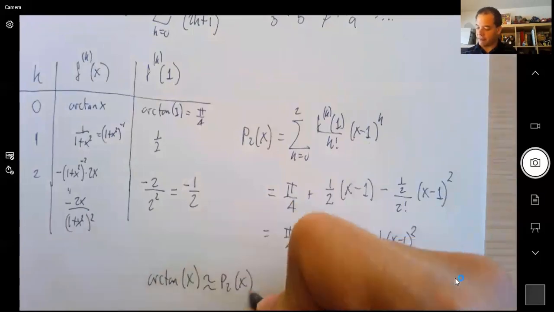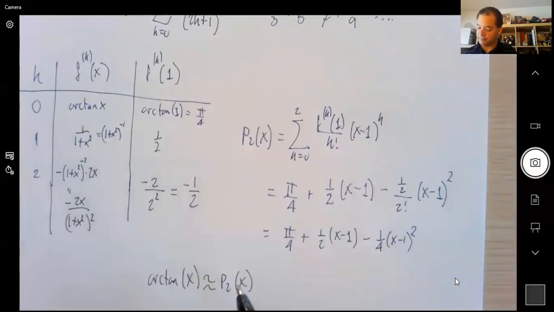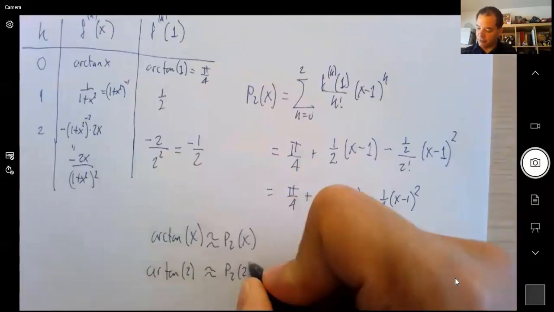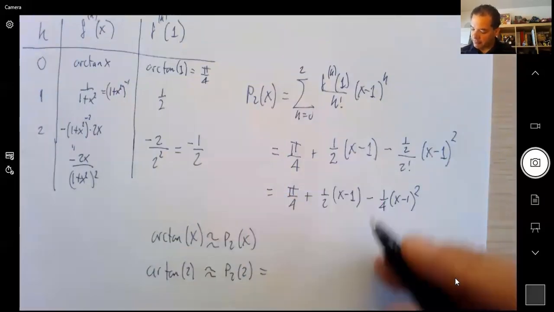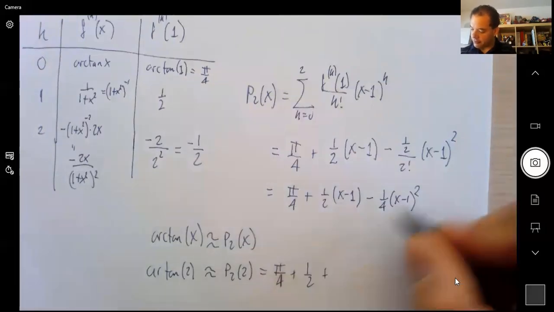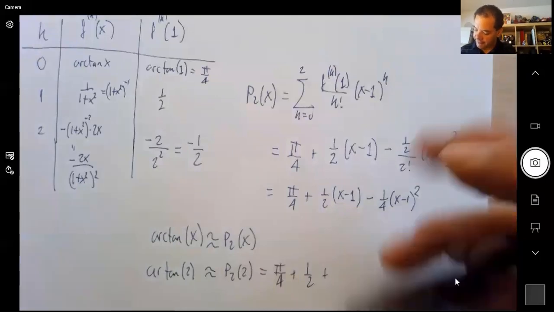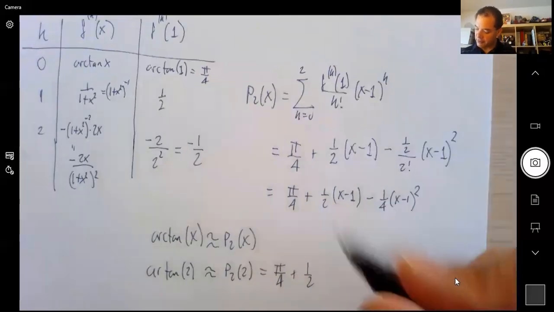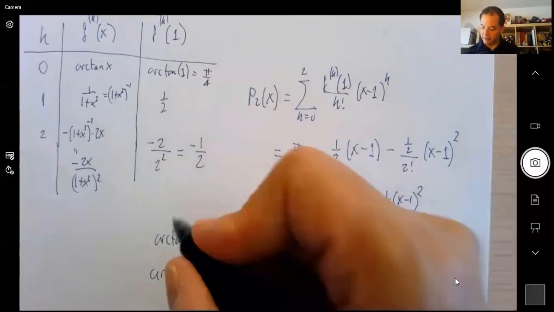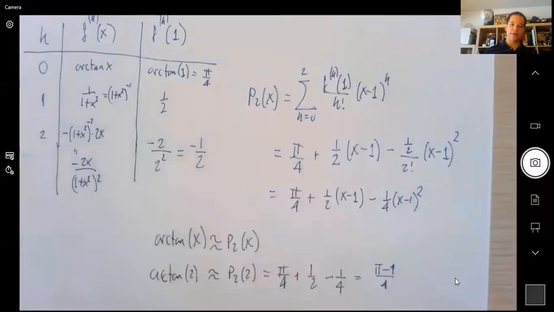So in particular, if I plug in the number 2, arctangent of 2 is approximately P2 of 2, and when I plug in 2, I get this. 2 minus 1 is 1, so that's 1/2. 2 minus 1 is 1, so that's -1/4. 1/2 minus 1/4 is 1/4, so this is pi plus 1 over 4. That's the approximation for arctangent of 2. All right, so that's the end of this problem.